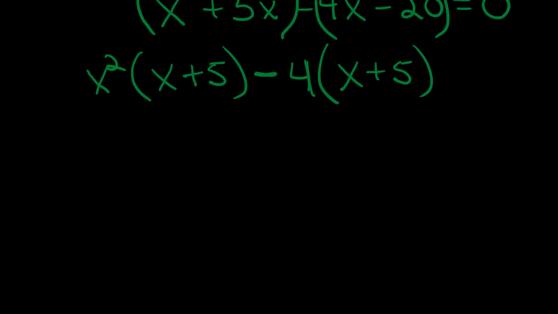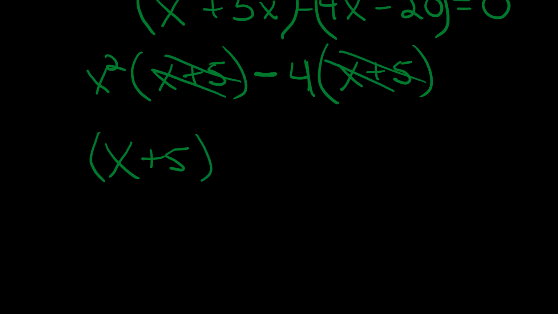Okay, I'm going to take out now the common binomial factor of x plus 5. Let's take that out, x plus 5. And then I'm going to say to you what's left over, and it's x squared minus 4. Remember, all this is equal to 0 as we go. We can catch the 0 at the end, but don't forget it.